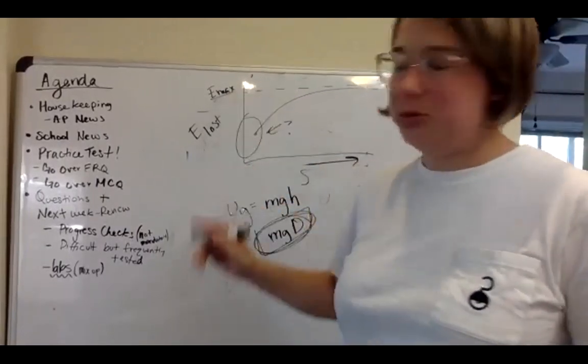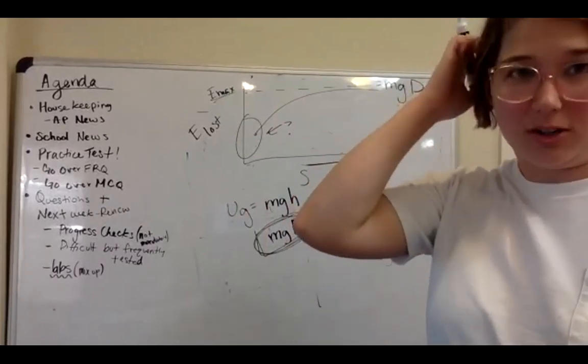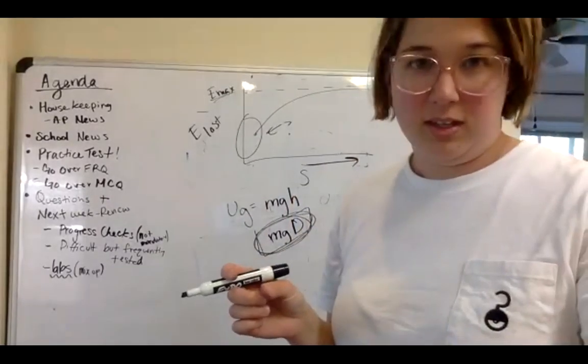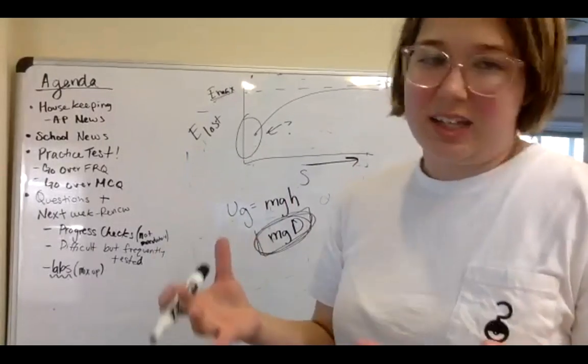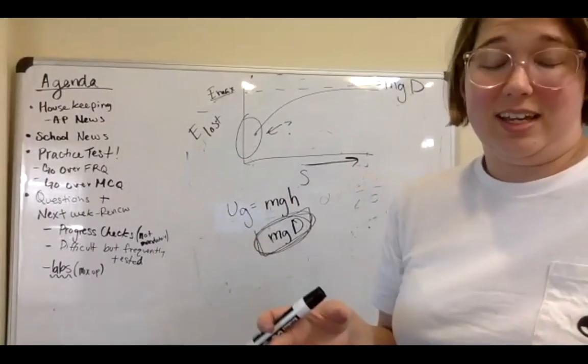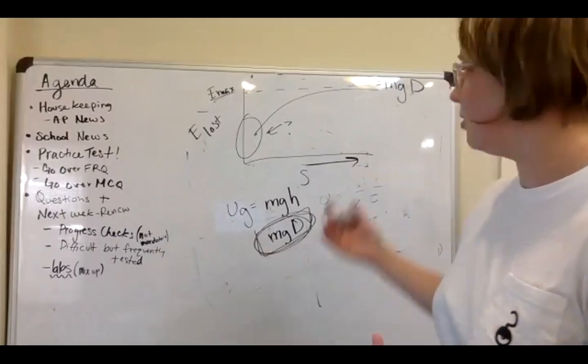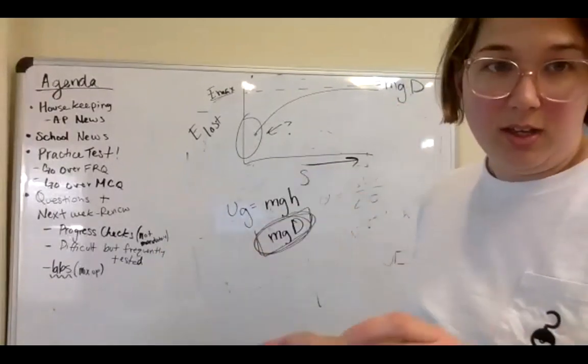We cannot lose more energy than we started with. It's not possible. And that's basically how you can justify your answers. You physically can't lose more energy than we started with, and we started with potential.